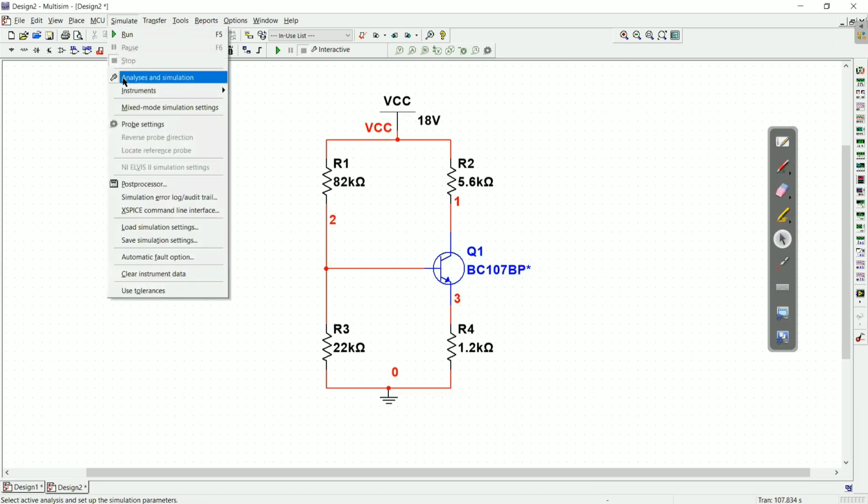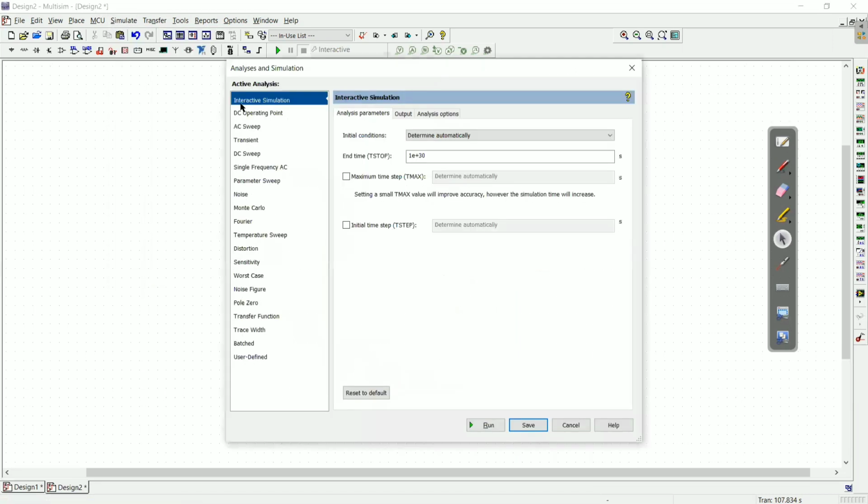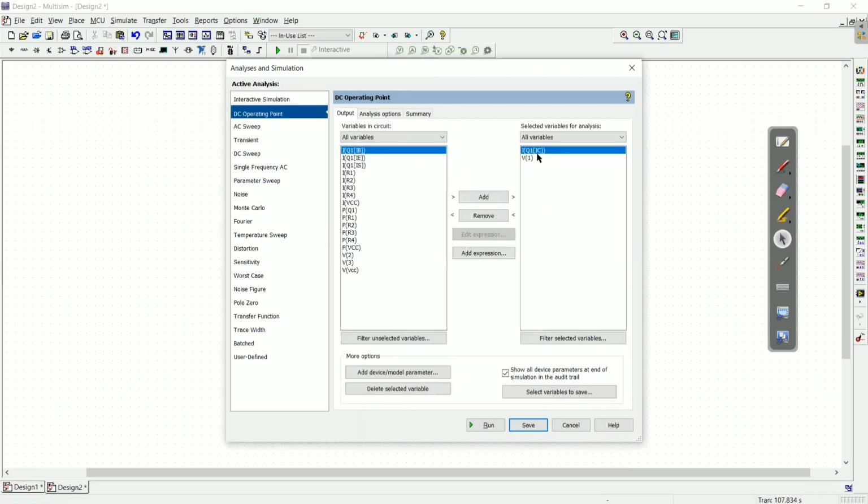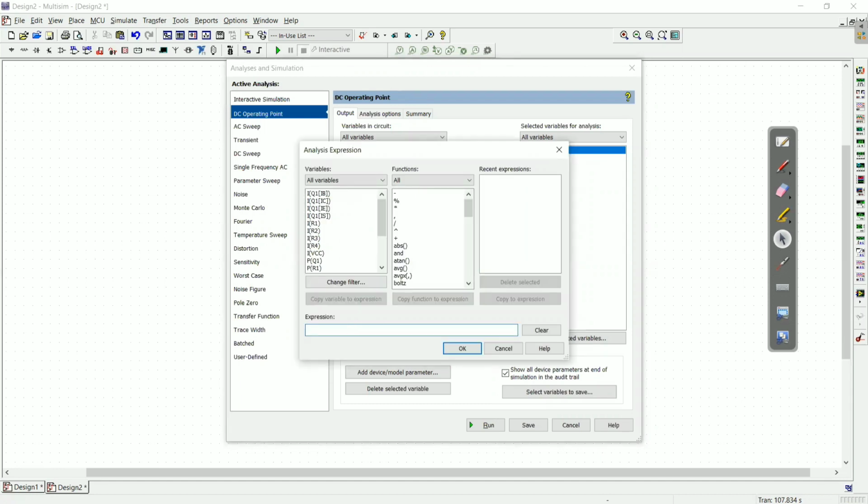Let's get that value. Going to simulate, analysis and simulation, DC operating point. We need the IC of Q1, adding it. We need V1 minus V3, so we can add an expression: V of 1 minus V of 3.